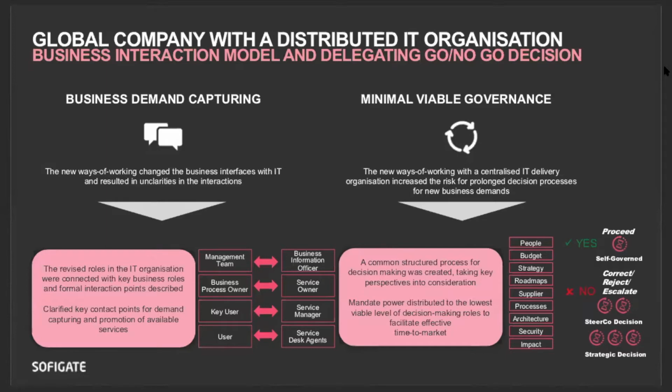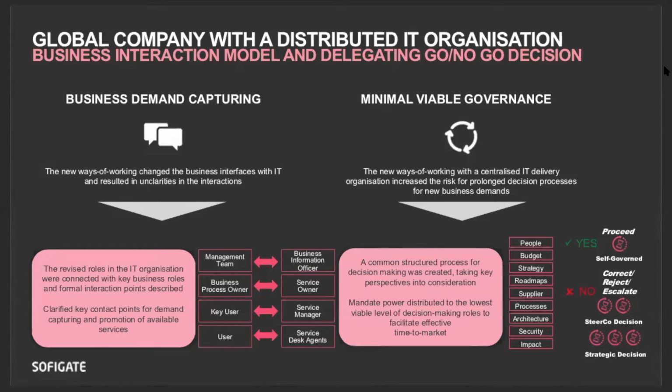And as you see, those arrows are going both ways. So it's both capturing demand from the business and also promoting the services provided by IT. So the output of this exercise was clarified key contact points for demand capturing and promoting of the available services.